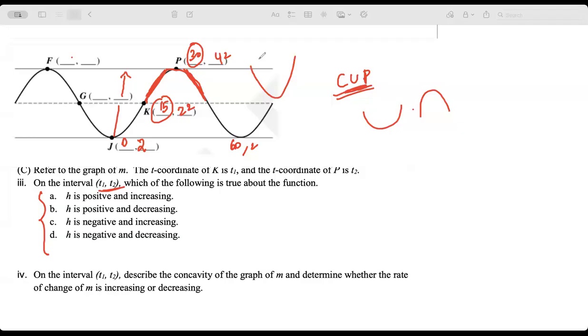Concave up, the rate of change is increasing. So concave up is increasing, concave down is decreasing, right? Rate of change. Does it make sense, Advik? Yeah. So concave up is increasing, concave down, the rate of change is decreasing.